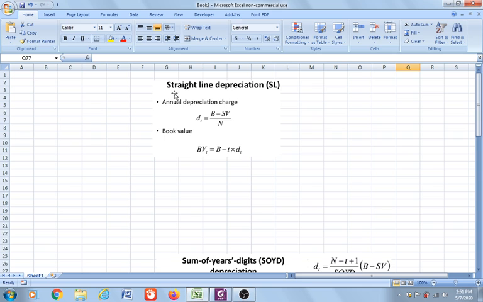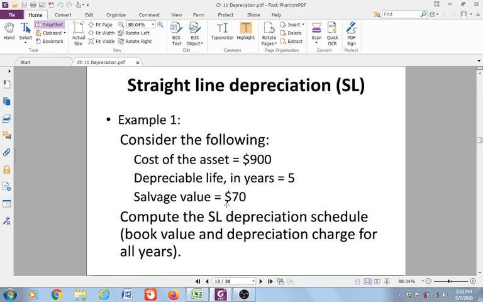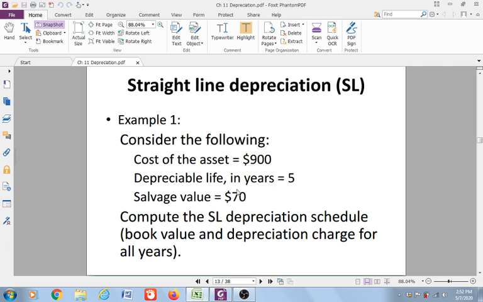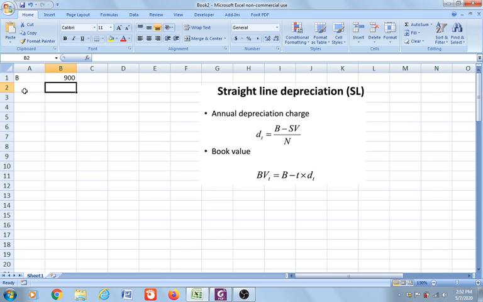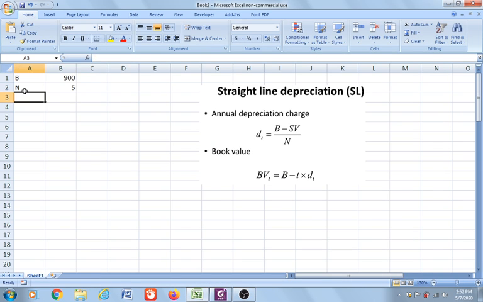We'll do the first method, the straight line depreciation method. We know that the basis is just the initial cost of that asset. It is 900. The life of the asset, or the recovery period, is 5 years, and the salvage value is 70.